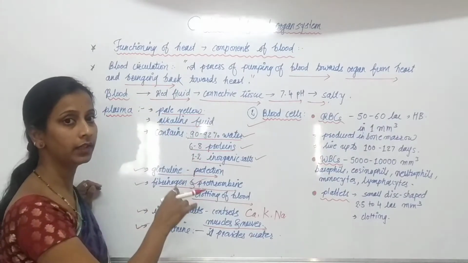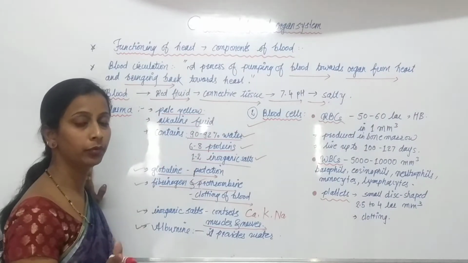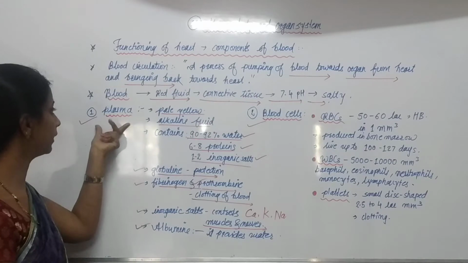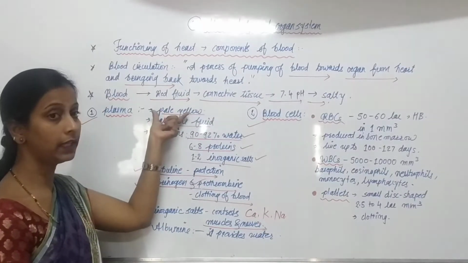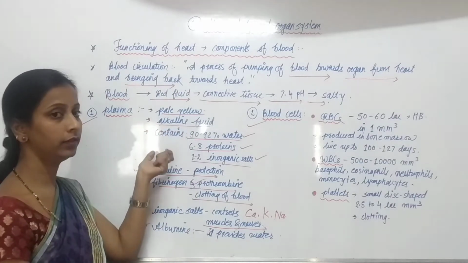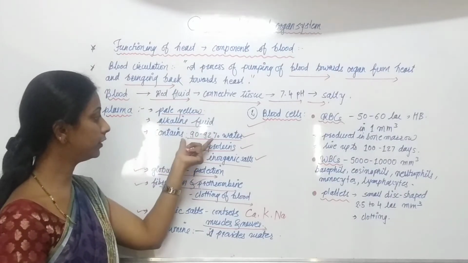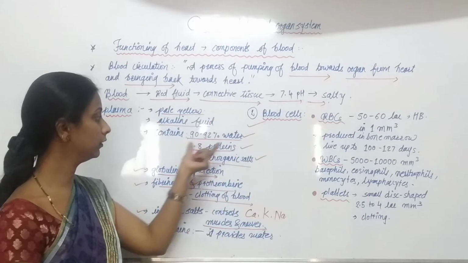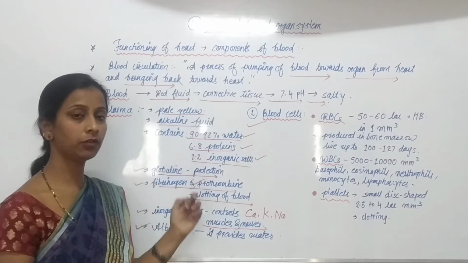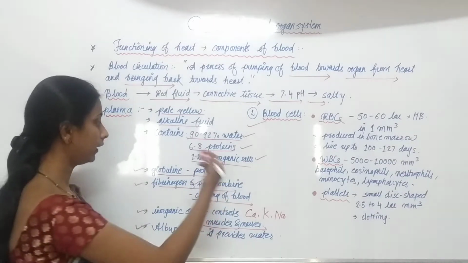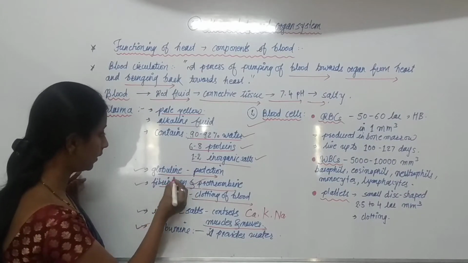After that, this blood is mainly composed of two components. These are plasma and blood cells. So here plasma is a pale yellow, alkaline fluid, which contains 90 to 92% of water, 6 to 8% of protein, and 1 to 2% of inorganic salts. Now, which proteins are these?